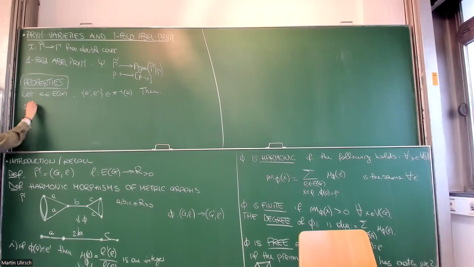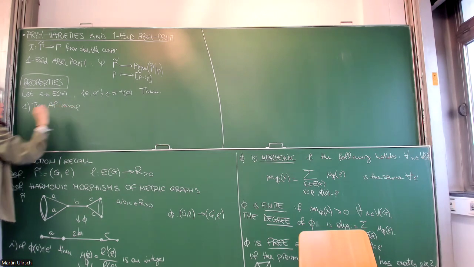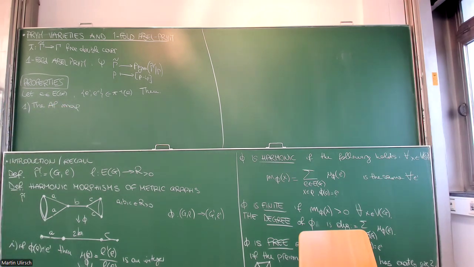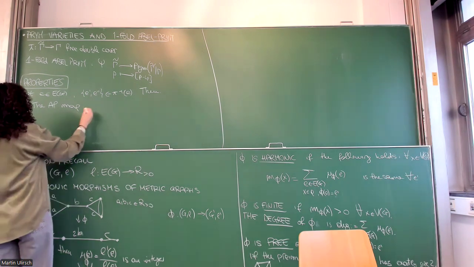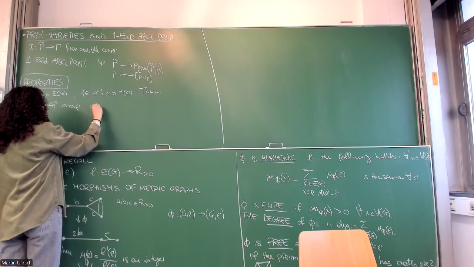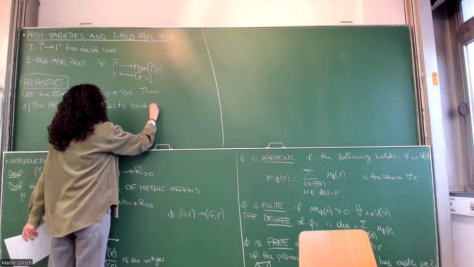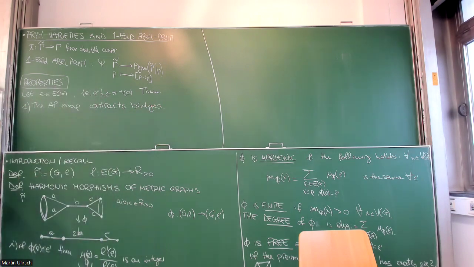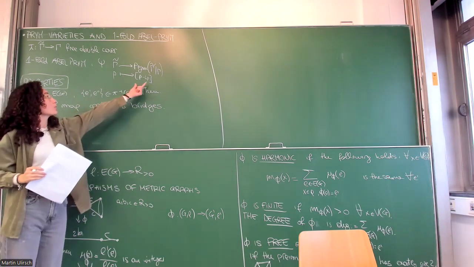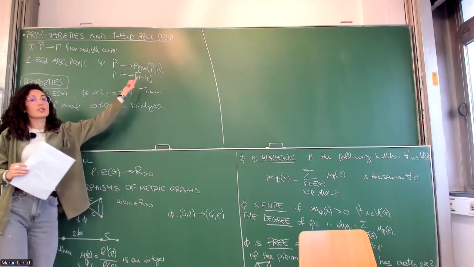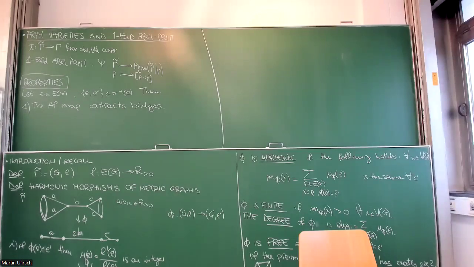First of all, the Abel-Prym map, the AP map, contracts all bridges of gamma tilde. That's because here we consider all the points linearly equivalent to the point that we are considering, and on a bridge, all the points are linearly equivalent to each other.